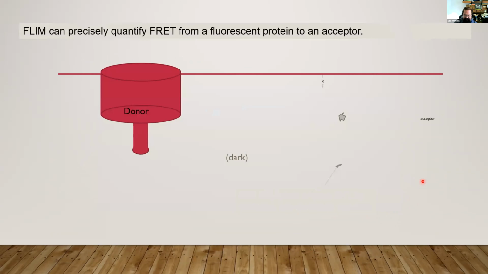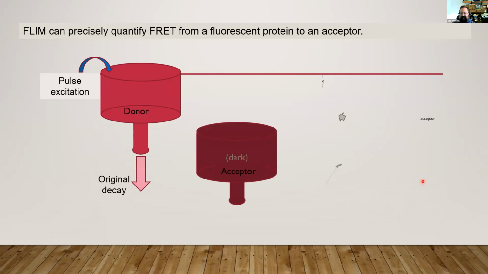So this has partly been covered before, especially by Enrico, but essentially FLIM can really tell you a lot about a FRET. I like to use the bucket model for Jablonski diagrams, where you do your initial excitation to the upper bucket, in this case a donor, and it's going to have nanosecond decay. But if there's a nearby lower energy acceptor, you can open up a new pipeline to FRET, and that's going to drain the bucket faster.